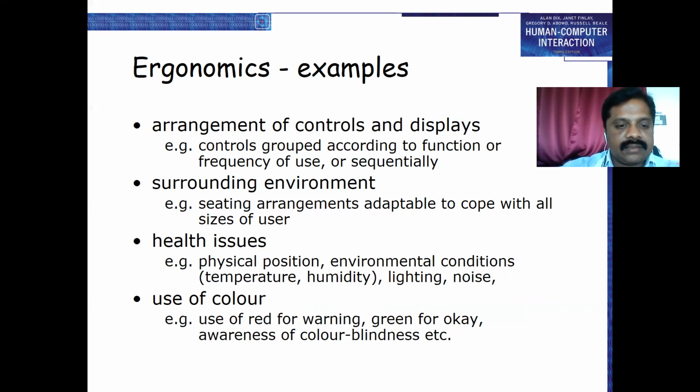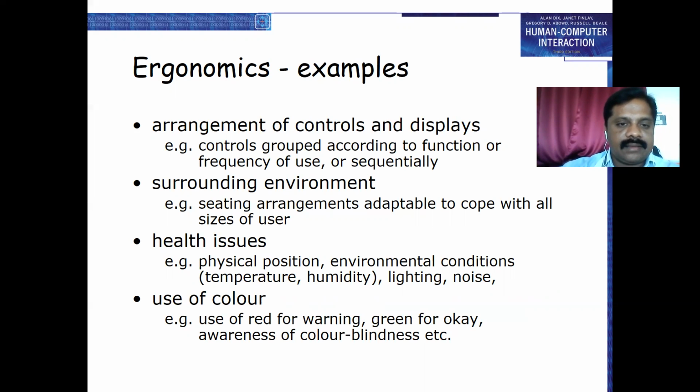Here they said seating arrangements should be adaptable to cope with all sizes of users. For example, if you allocate some seats for that interaction, all the seats should be adaptable to all the users, and they have to sit comfortably and interact with others.